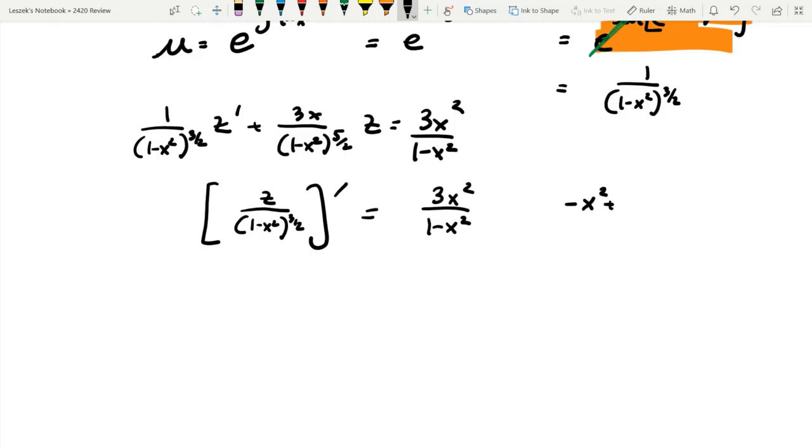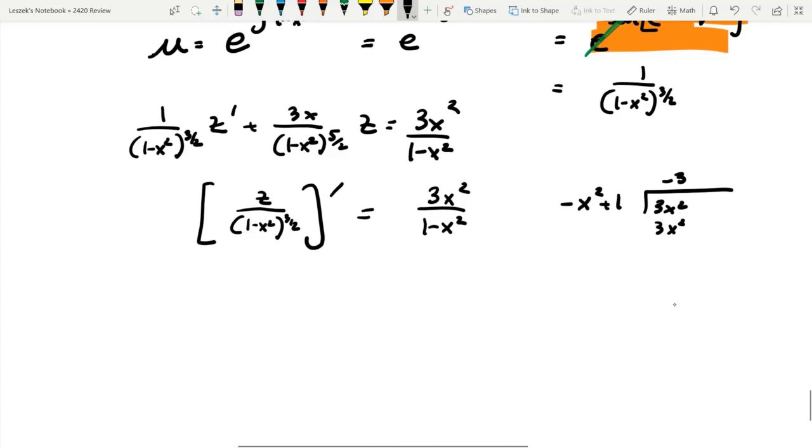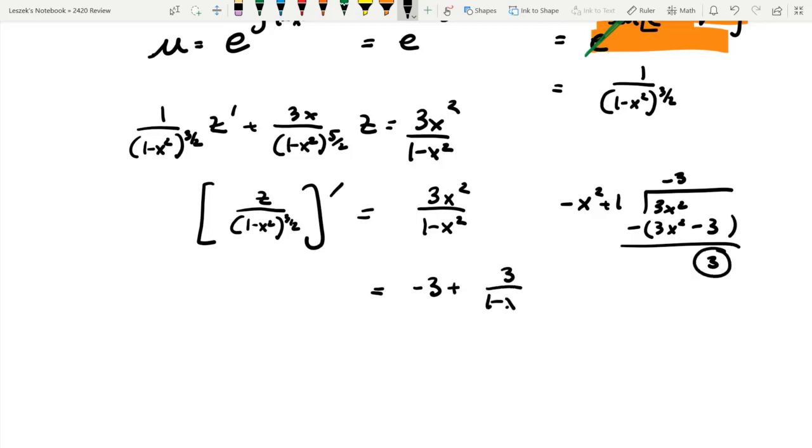So minus x squared plus 1 is dividing, let's do it, 3x squared. I meant negative 3. All right. So you can probably figure that out without the long division, but we have this is negative 3 plus the remainder divided by the divisor.